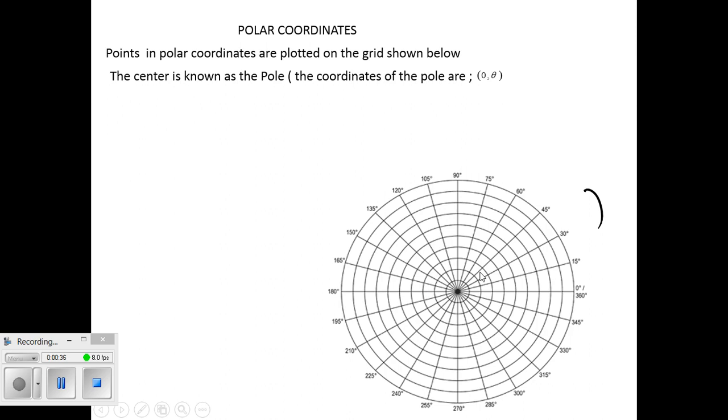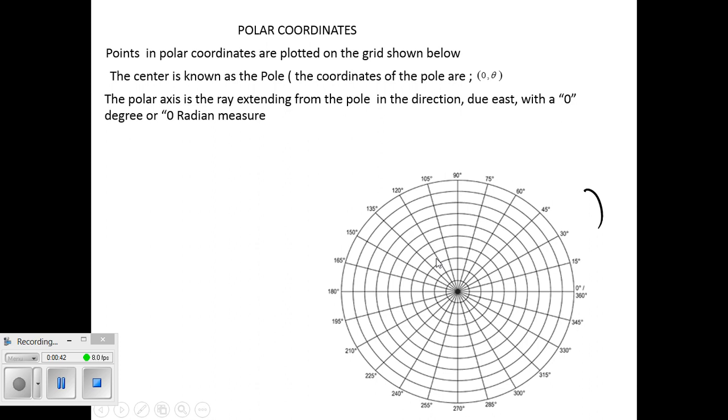Points are plotted relative to the pole and relative to what we call the polar axis. Now, if you were to superimpose x and y axes over top of this, the polar axis would be the positive half of the x-axis.